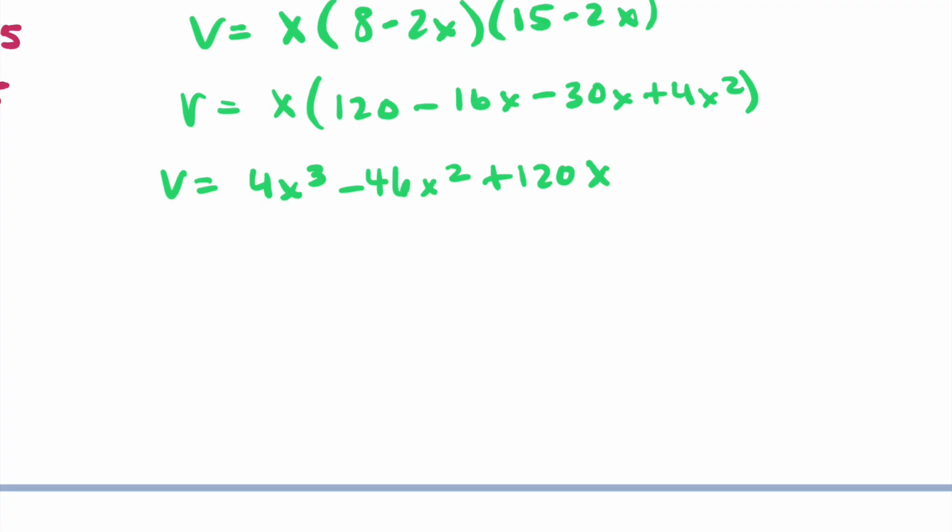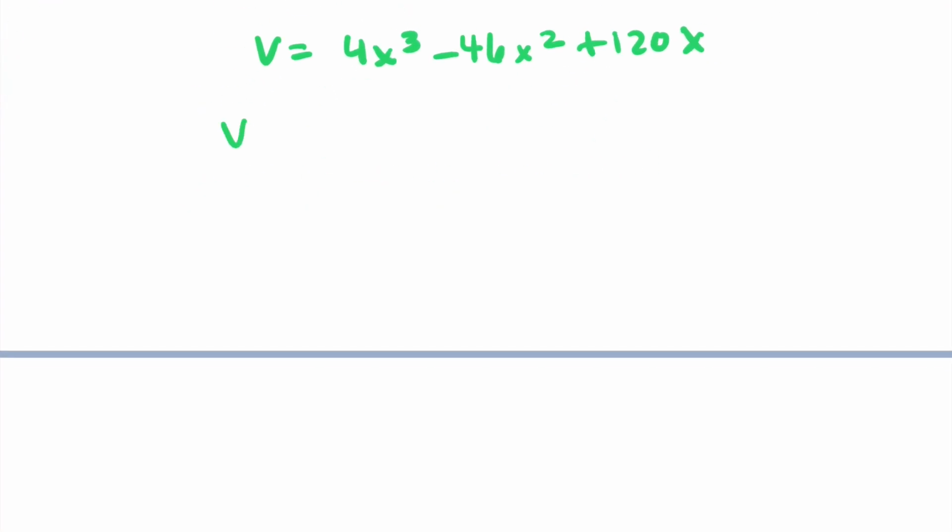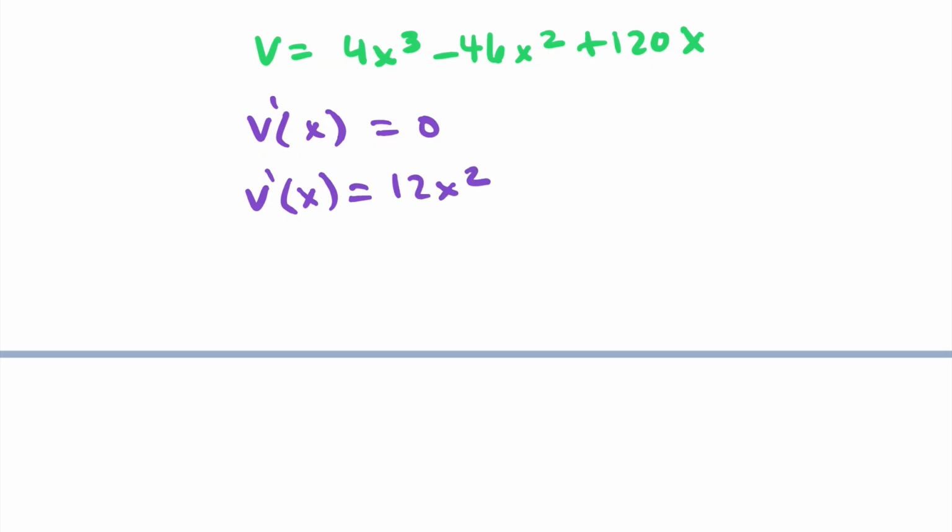We are interested when the derivative is equal to 0. So the derivative of the volume is 12x squared minus 46 times 2 is 92x plus 120.